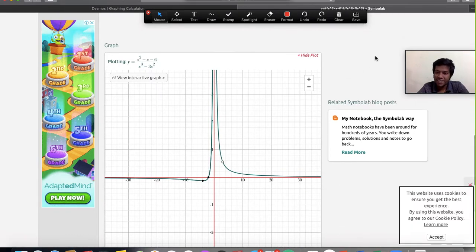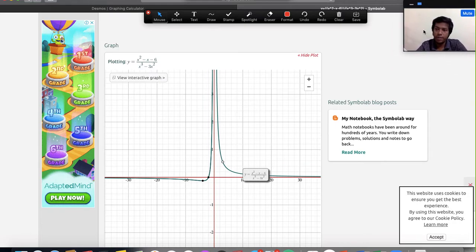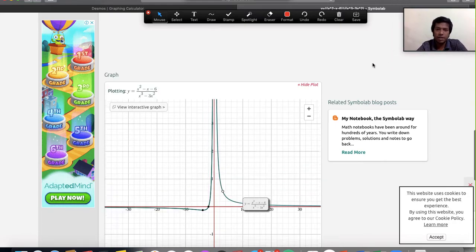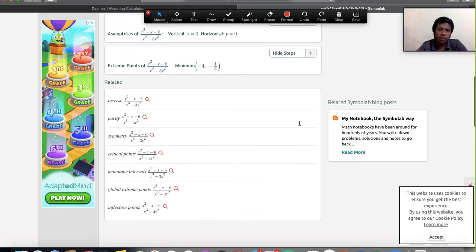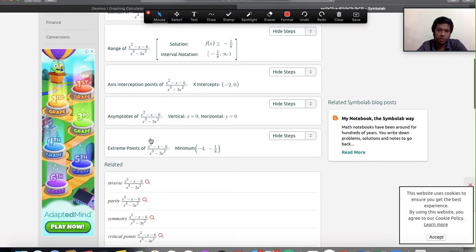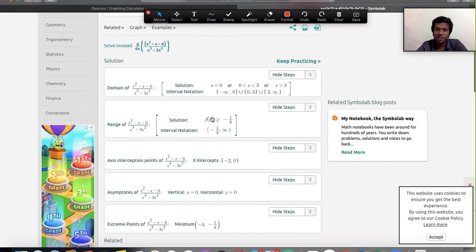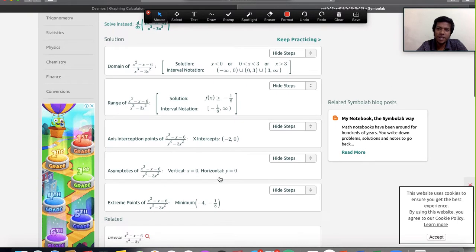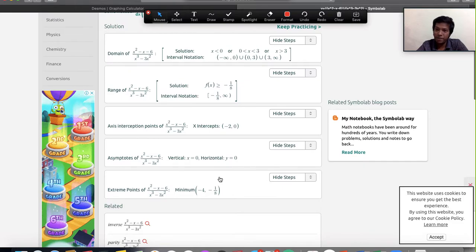Now, since this is the last lesson of graphing, please don't misuse this. I will tell you a lot of secrets. Please don't misuse it, but you can use it for your learning. See, this software will actually find everything: your vertical asymptote, horizontal asymptote. This website finds everything for you, your domain, everything. But please don't misuse it.